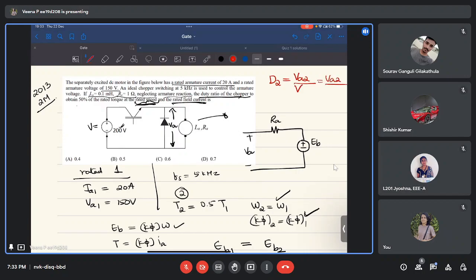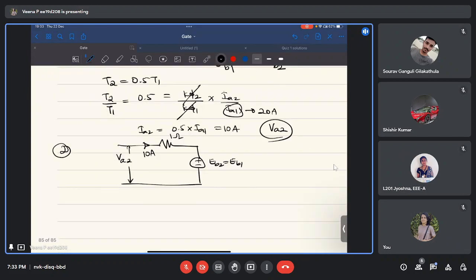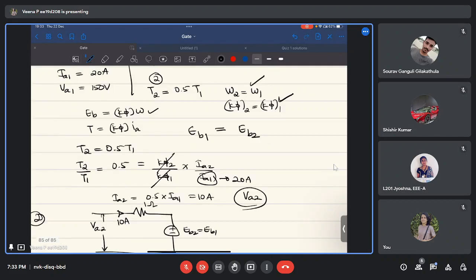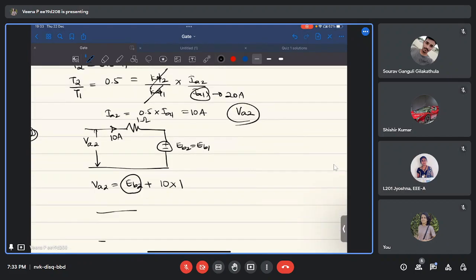Va2 we have to find out. V you know is 200 volt. So to find Va2, what you will do? You will apply KVL. Va2 is nothing but EB2 plus Ia2 into Ra, which is 10 into 1. Now what is EB2? EB2 is the same as EB1. Now to find EB1, you take the EB1 circuit.